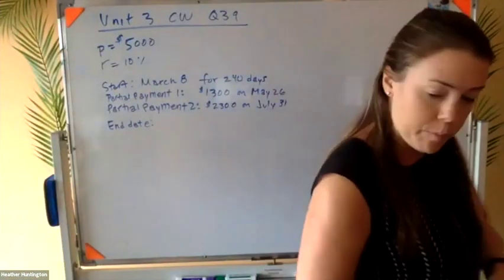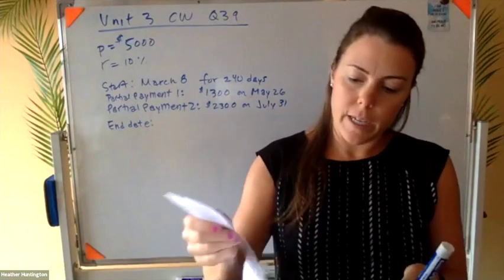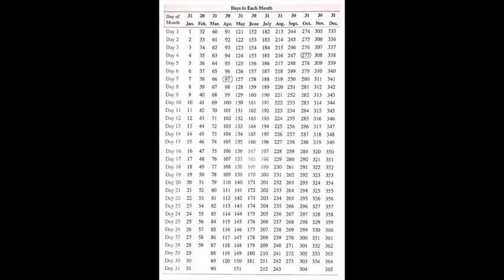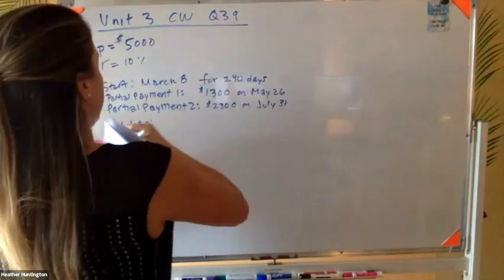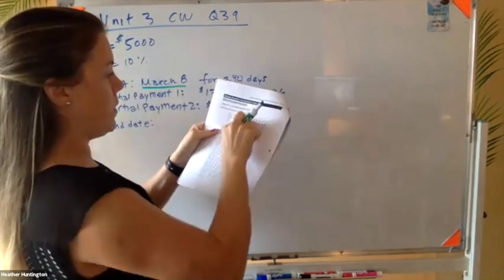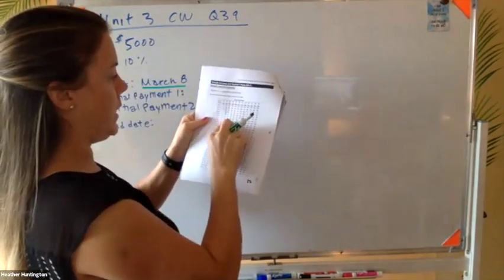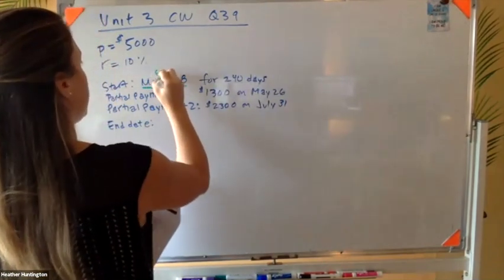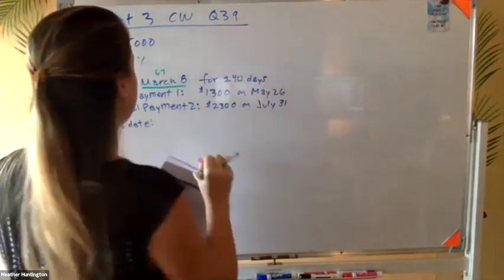So we're going to look that up in the day chart in the back. So I'm going to go to my chart. March 8th, what day number is that? I go here, I see March, and then day 8 is 67. It's the 67th day of the year.